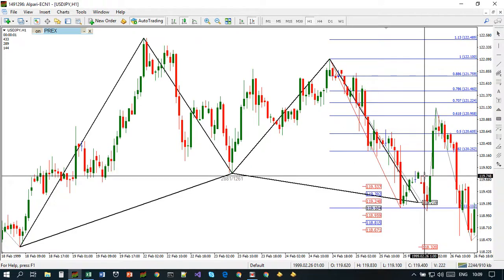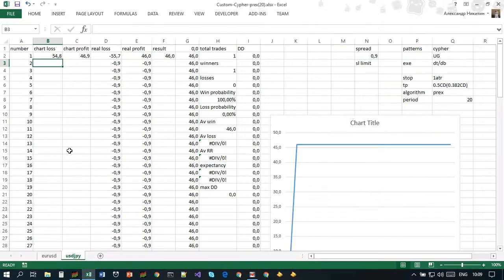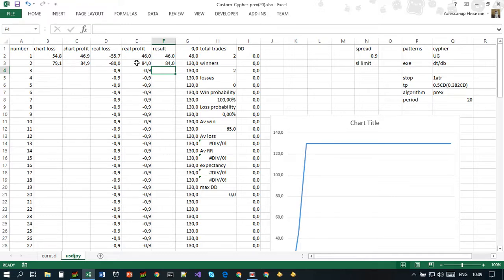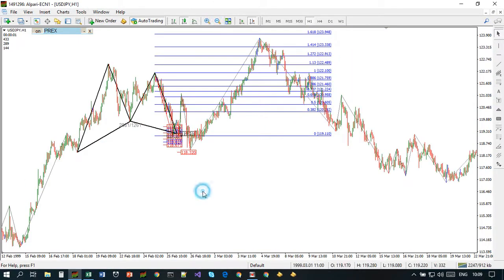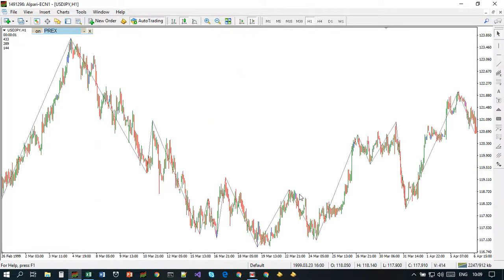Okay, so we just measure the distance from this close to our 180 below, 79.1, and we go here 84.9, 79.1, 84.9. Okay, and this way we had a take profit this time. 50% is hit, and even more. And we continue next.